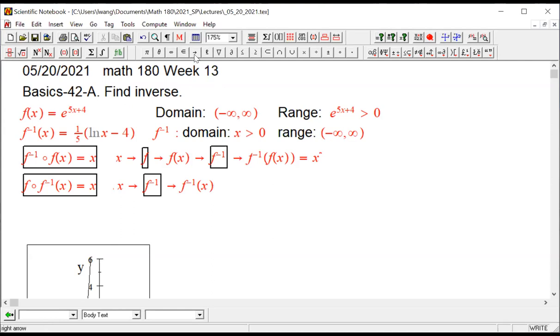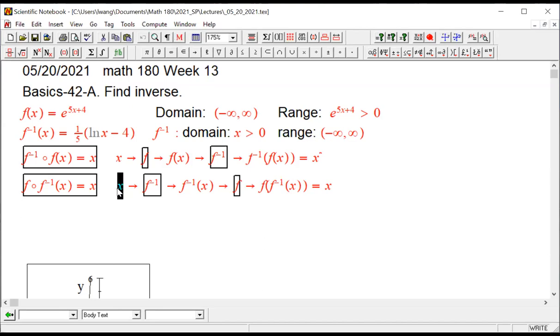This output is given to f, that rule applies to it, and it produces f of f inverse of x, which is going to be equal to x.